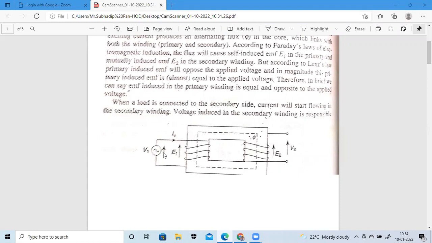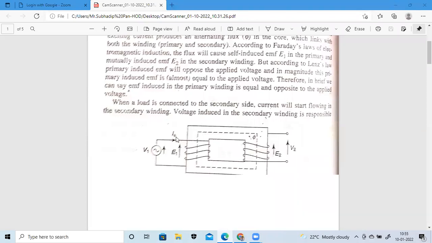We represent the instantaneous value by a small letter, a small v. So vs is equal to Vm sin omega t, where sin omega t is the sinusoidal variation and Vm is the maximum value of the supply voltage. So write down the voltage equation in instantaneous form: vs equals Vm sin omega t.